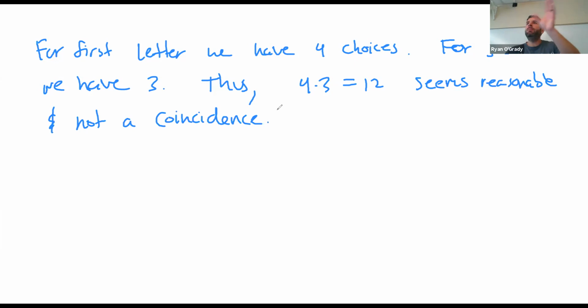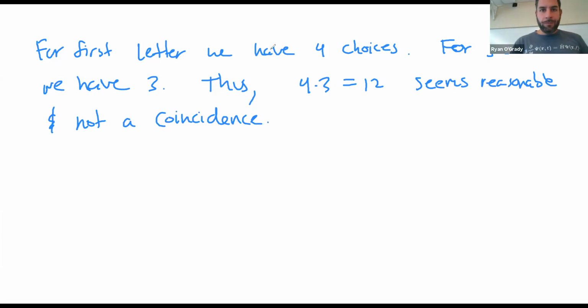Okay, so let's say we play the game differently. What if I wanted to go one step further? If I wanted to choose 3 out of the 4, I would still have 4 for the first choice. I'd have 3 for the second, and then 2 for the third, right?